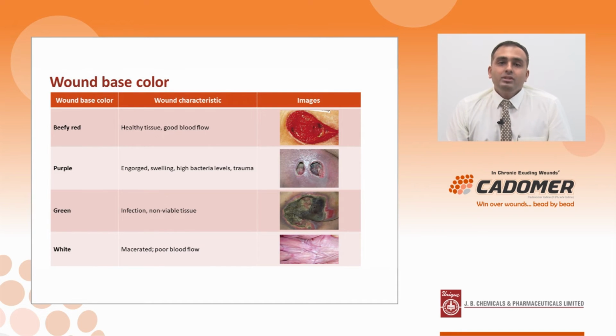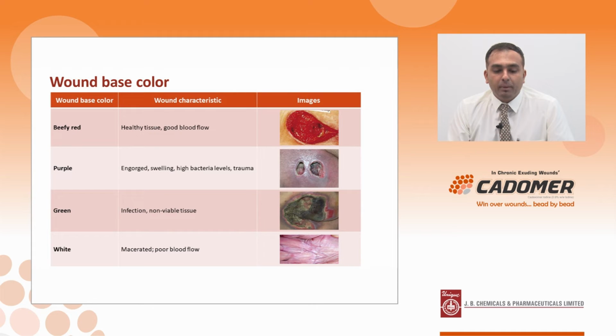Now, based on wound base color, even your doctor will identify which stage your wound is, and based on that your doctor will devise or use a specific dressing option. You can clearly see from the first diagram, it is a healthy tissue with good blood flow, which is beefy red in color.